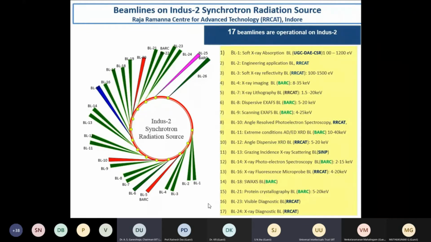Right now, 17 beam lines are operational on Indus 2, with different types of experimental techniques like scattering, spectroscopy, and imaging. BL1, for example, is a soft X-ray based spectroscopy beamline in the range of 100 to 1200 eV. It can be used for UV soft X-ray absorption spectroscopy, which is complementary to what I'm going to show today, a hard X-ray absorption spectroscopy.